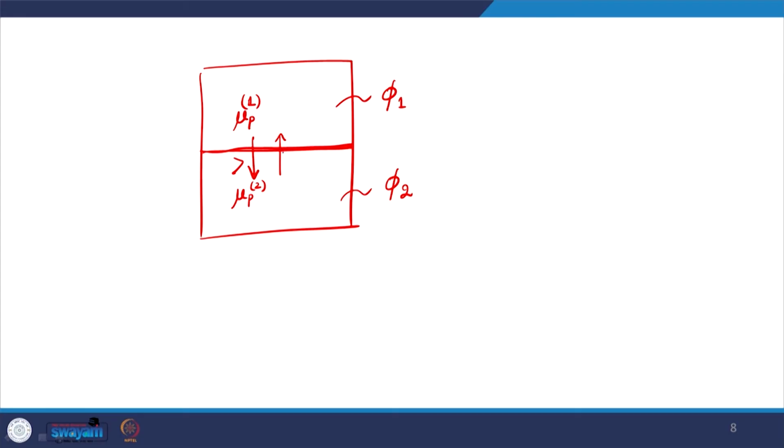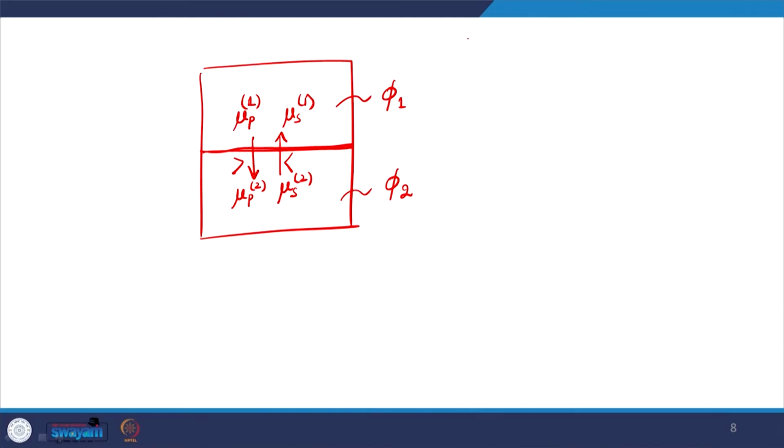Similarly, for solvent, if μs in the second phase happens to be more than μs in the first phase, that gives the direction of the solvent transfer. So in this case solvent will go in this way because I am still going from a high chemical potential of solvent to a low chemical potential of solvent, because in the second phase the chemical potential of solvent is more.